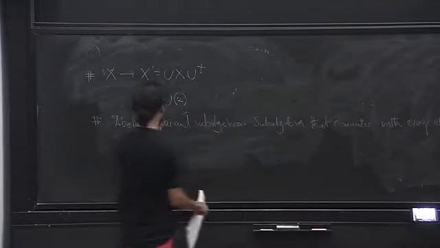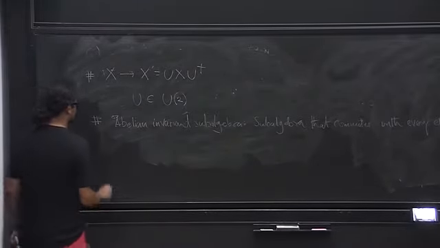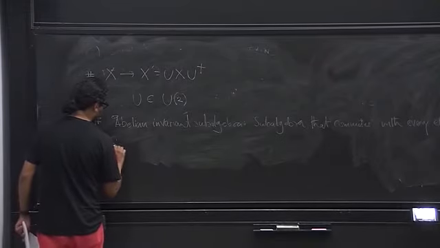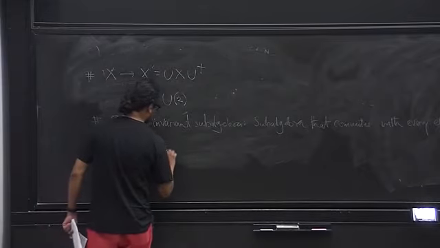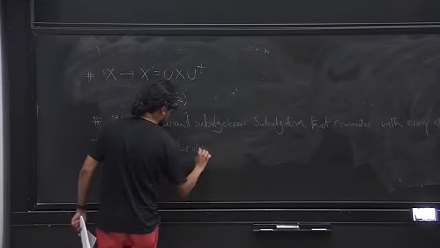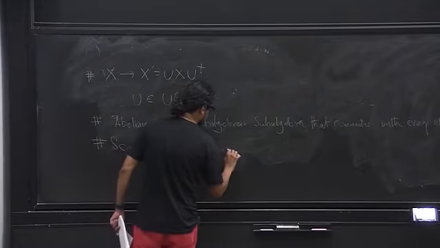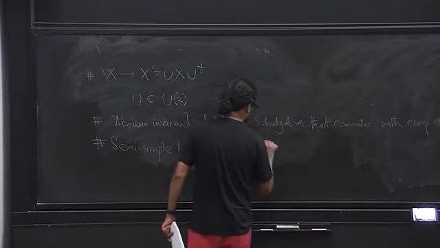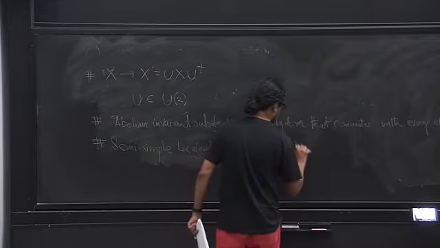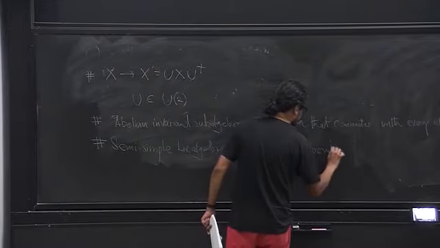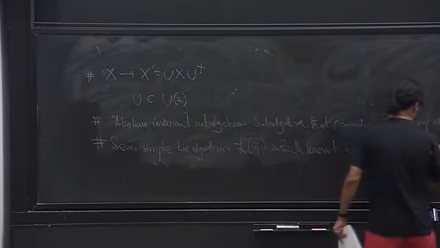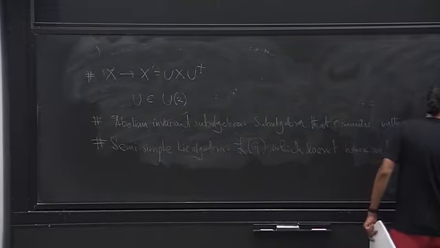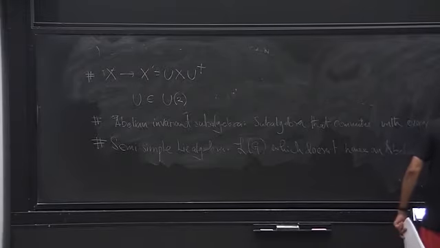After defining what an abelian invariant subalgebra is, one can define a semi-simple Lie group or Lie algebra. So it's a Lie algebra which doesn't have an abelian invariant subalgebra.